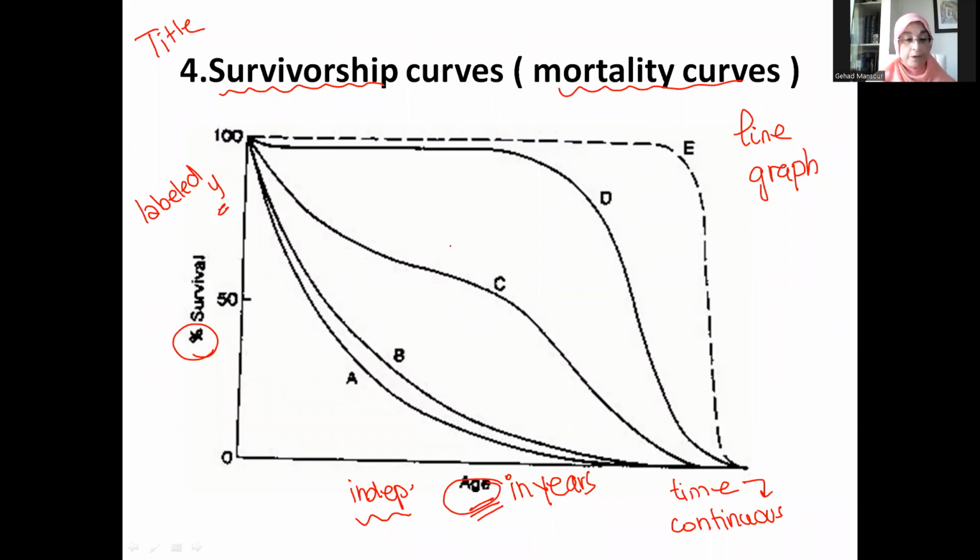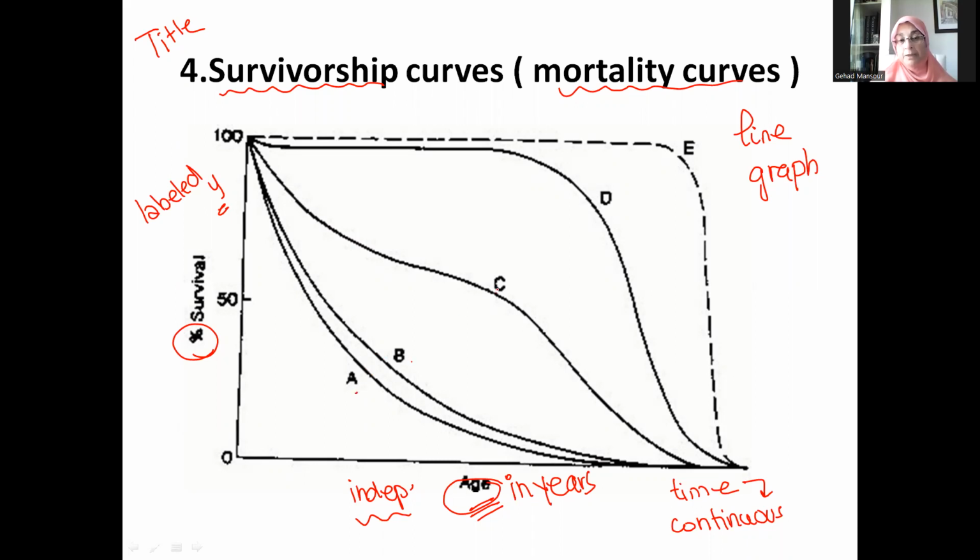And depending on your goal, if you're talking about the survivorship curve of newborns, you would put the age in months or maybe in days. But if you're talking about the survivorship curves of adult individuals, of grown-ups, then you would put the unit in years.